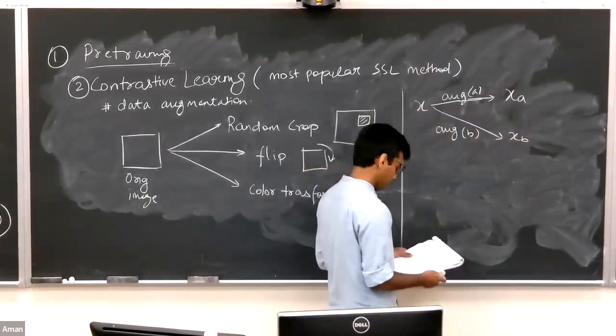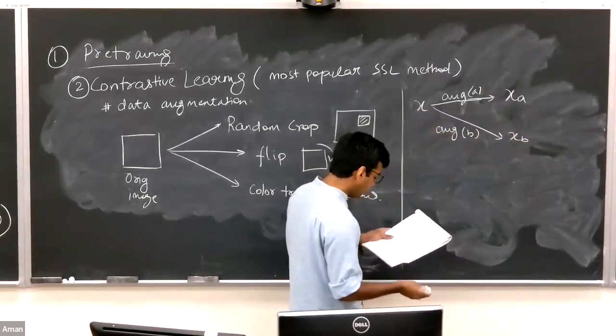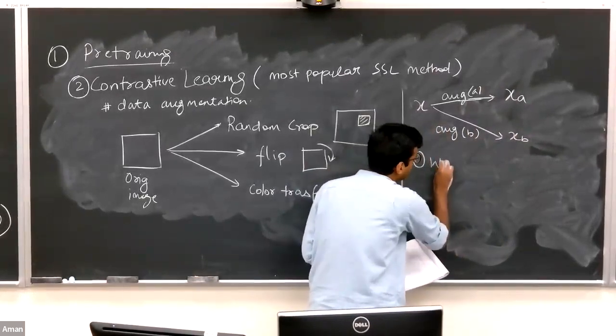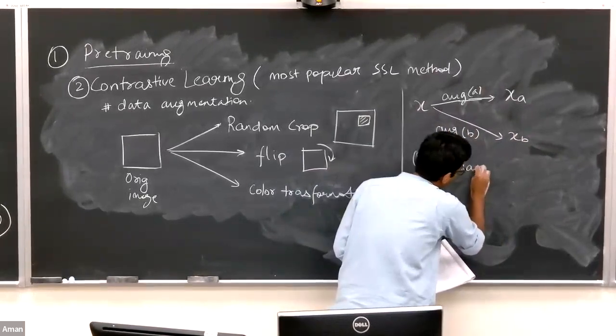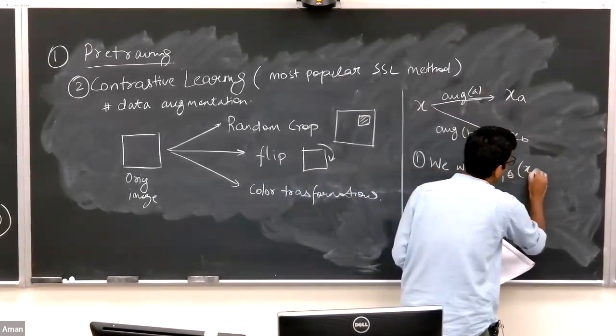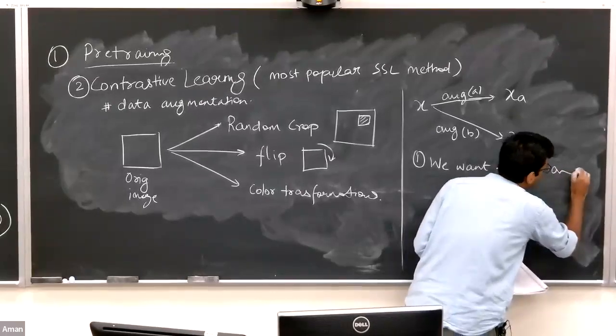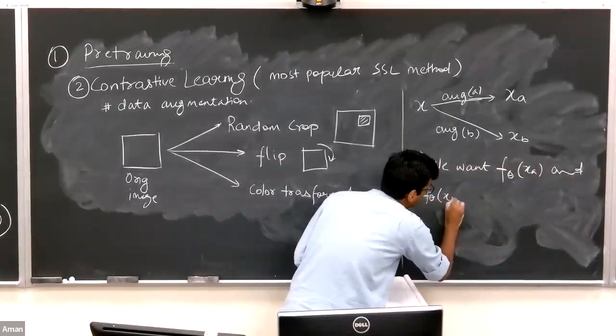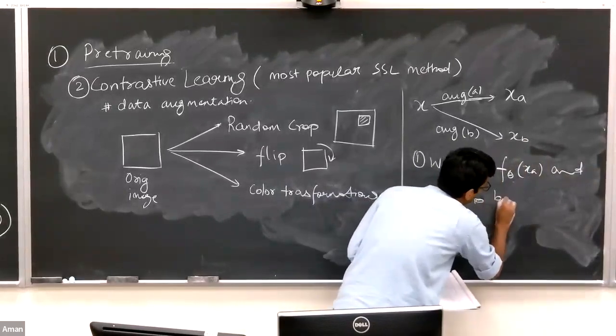Right? We want F theta of XA and F theta of XP to be close.